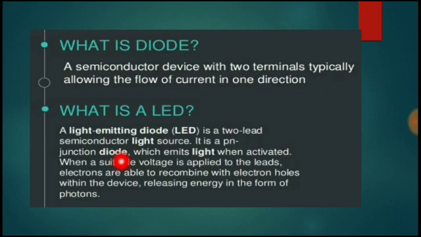It is a PN junction diode which emits light when activated, when a suitable voltage is applied to the leads. Electrons are able to recombine with holes within the device, releasing energy in the form of photons. So the light coming from the LED is nothing but photons of energy.